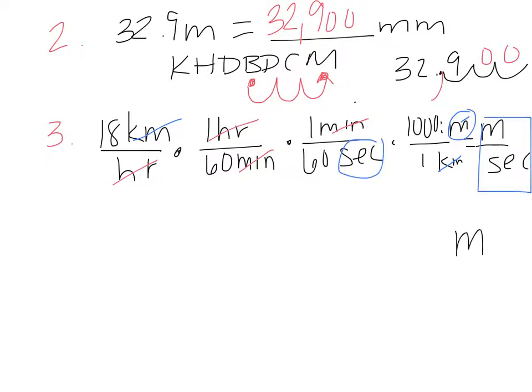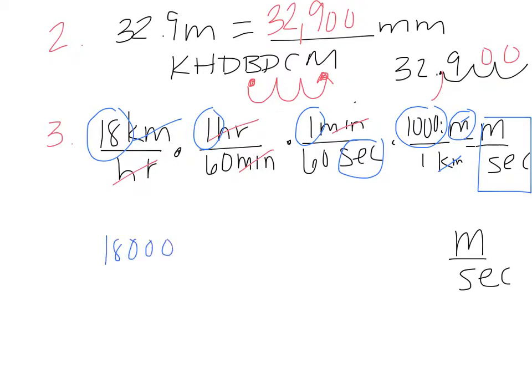So I'm going to bring my answer down here, and now we're going to have to do some work. On ones like these, when you're changing the units and it's a word problem, you're welcome to use a calculator. So we're going to multiply 18 times 1 times 1 times 1,000. That's going to be 18,000.